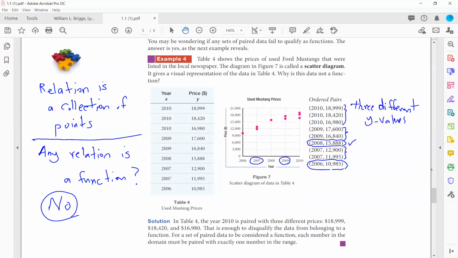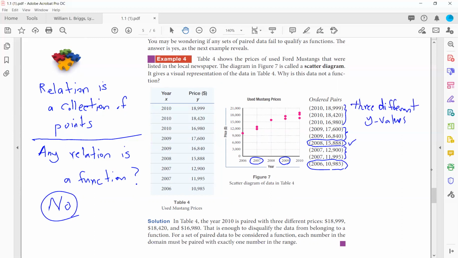Or use a test, a technique that we call the vertical line test. If a random vertical line has more than one intersection with the graph, at 2 points, or here, 3 intersections, it is not a function.